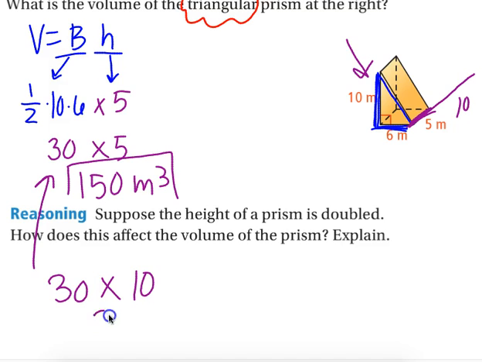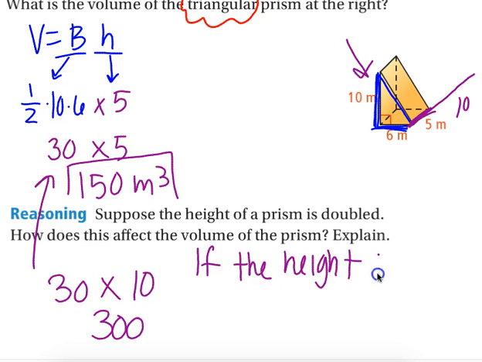So 30 times 10 is 300. So how does 150 and 300 compare? Well, it's twice as big, so the volume doubles. If the height is doubled, then the volume is doubled.